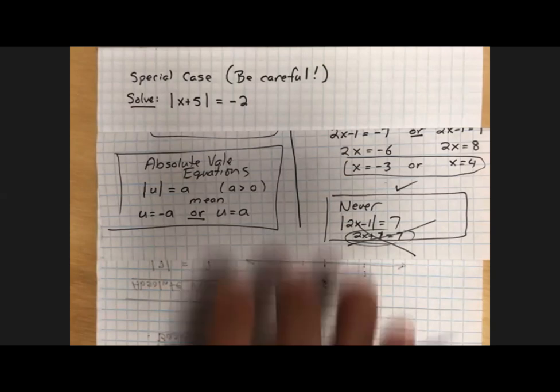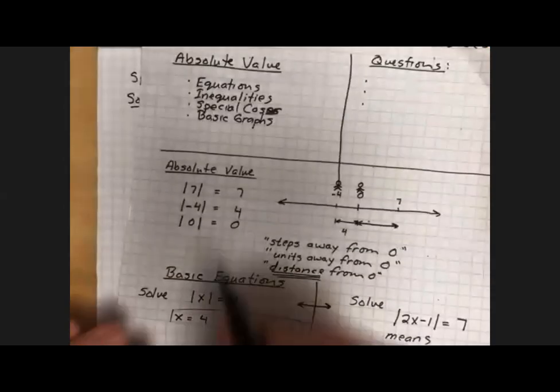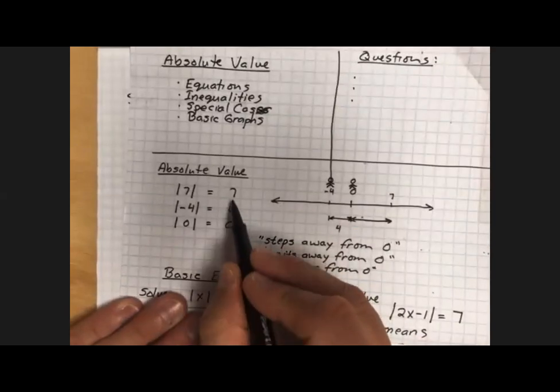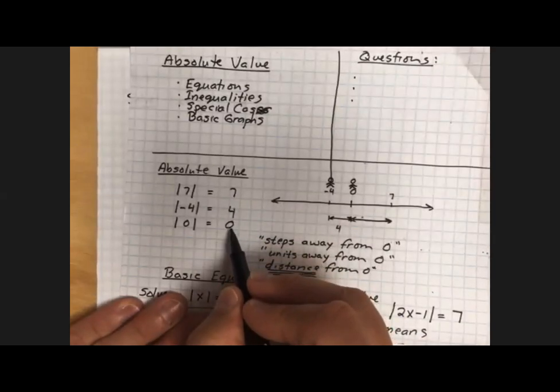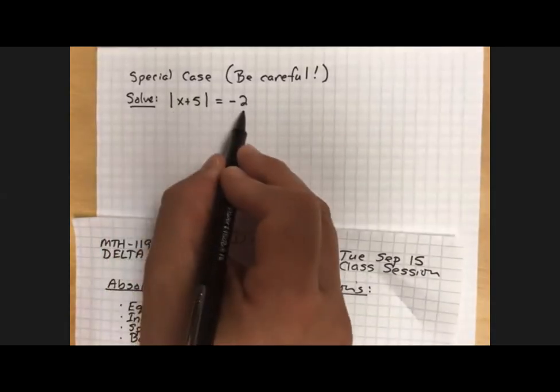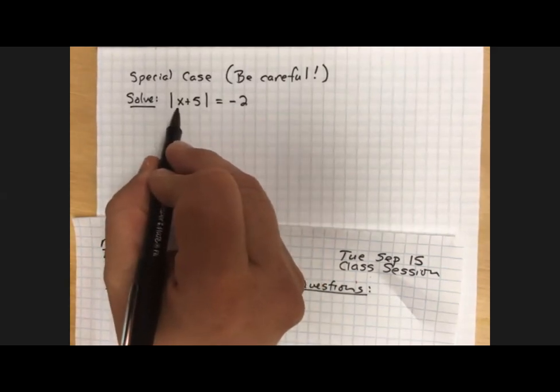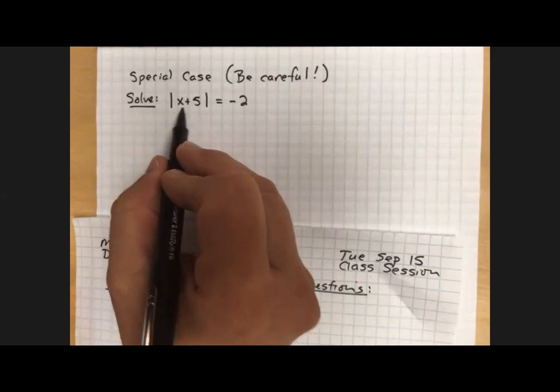When you think about it, say, wait a minute, I remember absolute value. Absolute value is distance from 0. Absolute value never gives me a negative number. You come back, what is he talking about? You can plug numbers in here for the rest of your life. You're never going to get -2.